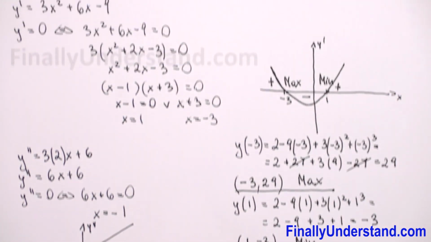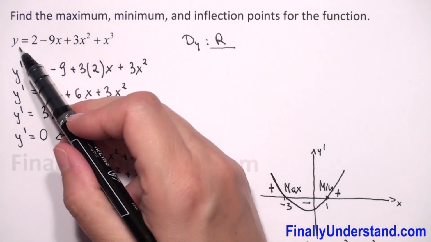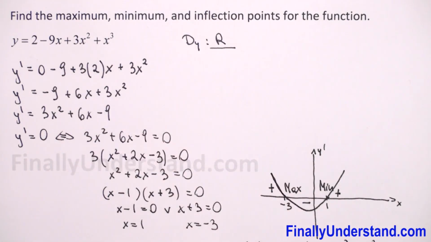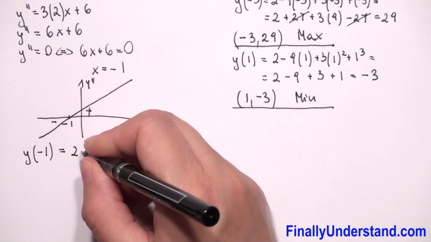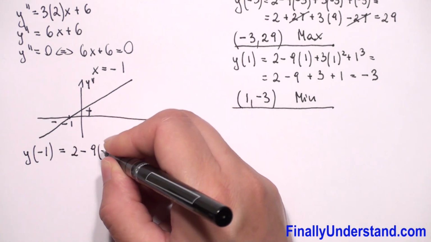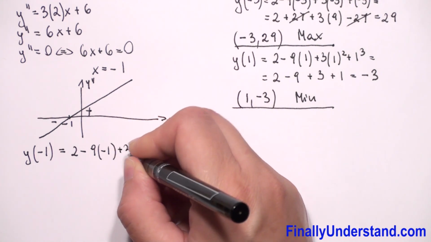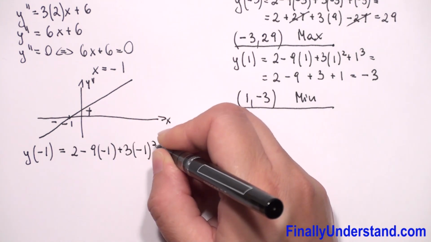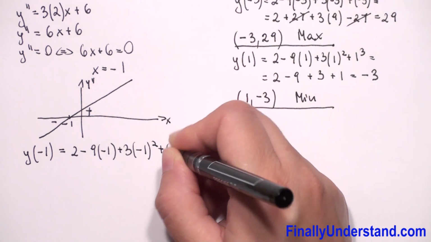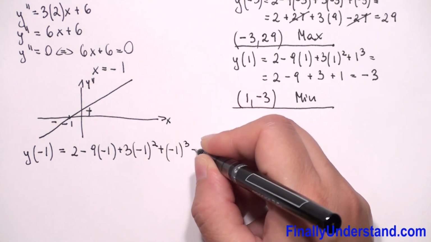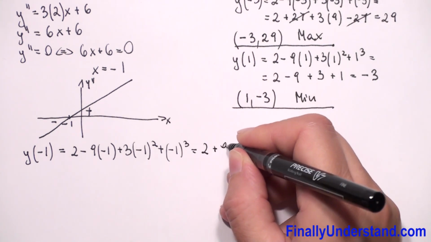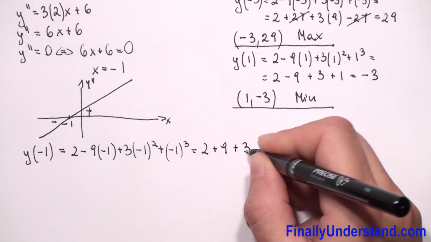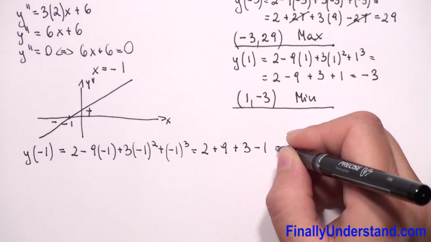Now we have to calculate the value of our function for negative 1. It means we replace x in our formula by negative 1. So it will be 2 minus 9 times negative 1 plus 3 times negative 1 to the second power plus negative 1 to the third power. This is equal to 2 plus 9 plus 3 minus 1.